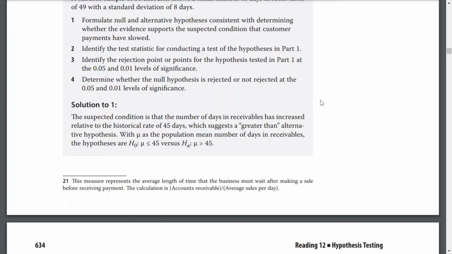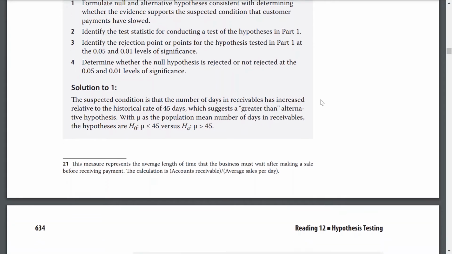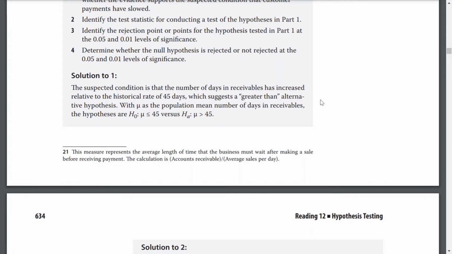Solution to 1. The suspected condition is that the number of days in receivable has increased relative to the historical rate of 45 days, which suggests a greater than alternative hypothesis. With mu as the population mean number of days receivable, the hypotheses are: the null hypothesis is mu is less than or equal to 45, versus the alternative hypothesis, mu is greater than 45.